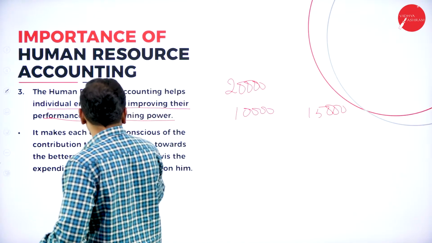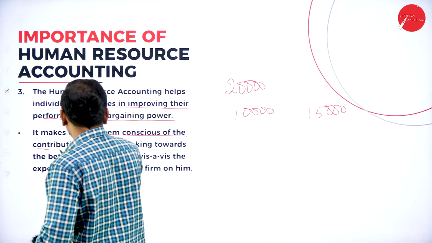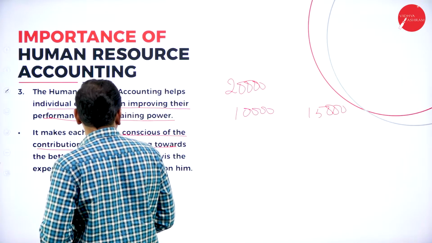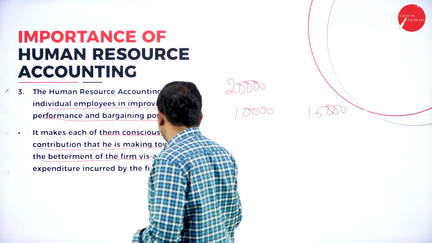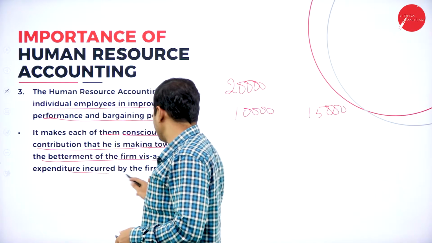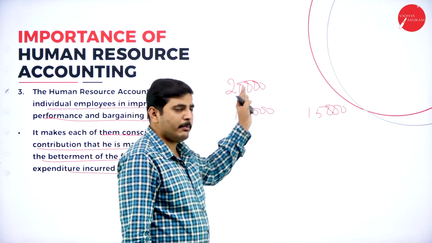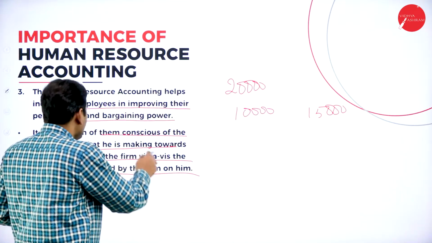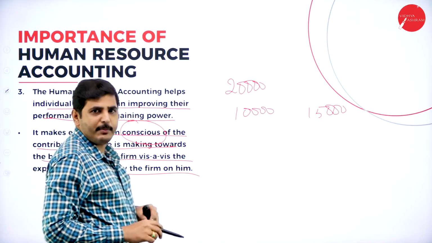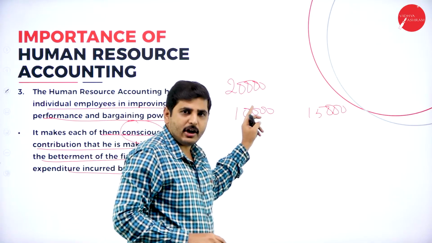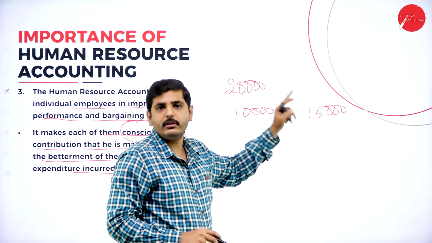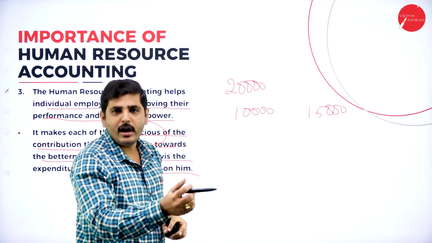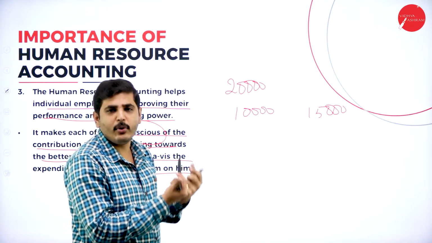It makes each of them conscious of the contribution he is making towards the betterment of the firm, and vice versa, the expenditure incurred by the firm. See here, both employees and employer will be very conscious about the amount they are paying. The employer thinks, yes, I am paying a huge salary compared to other organizations, so I can get more work done.